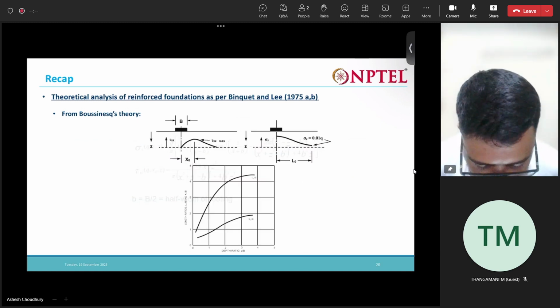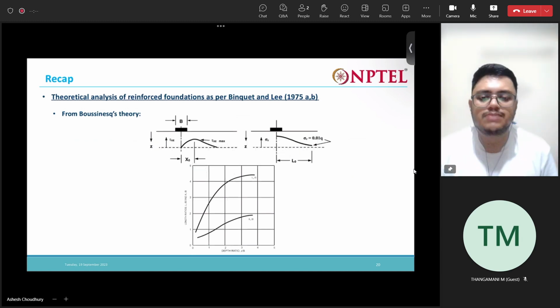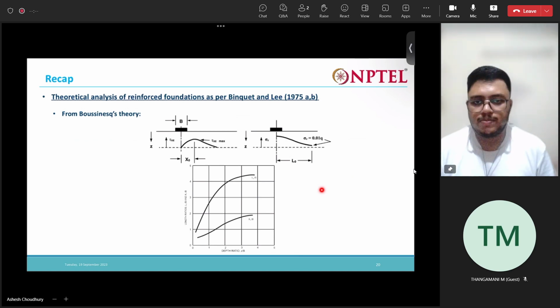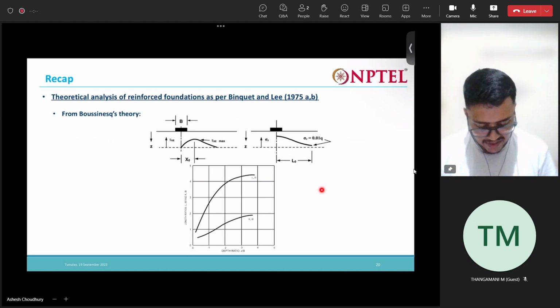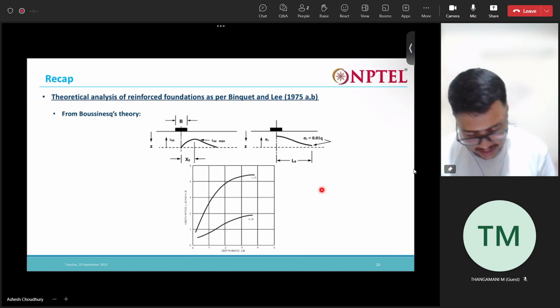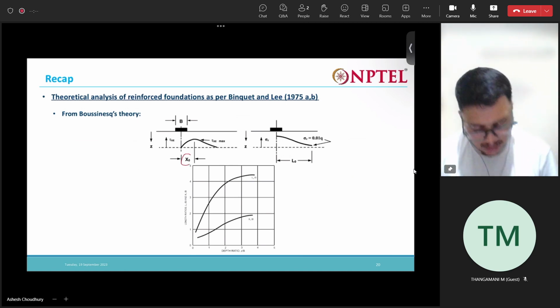Now, using those from Boussinesq's theory, they gave this simplified chart, which makes our task very easy. From here we can get, at any depth ratio, that means at any level, this distance x naught. What is x naught?